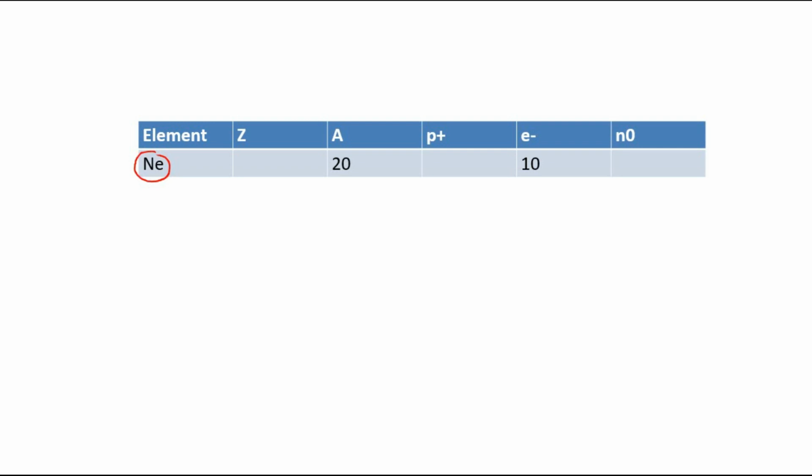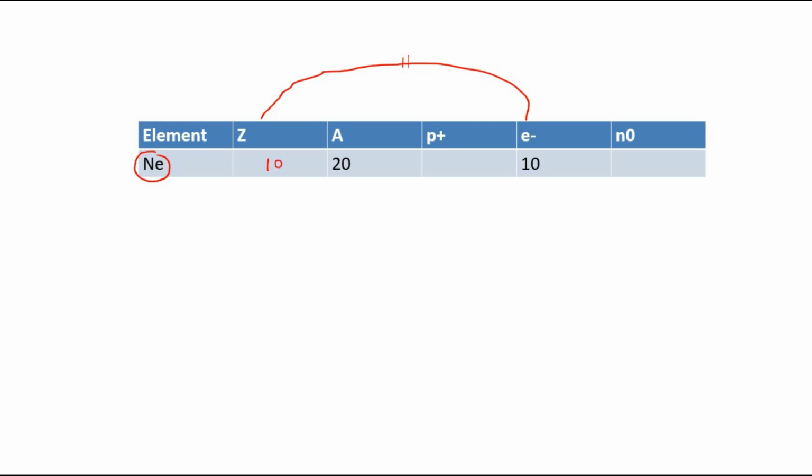Using these given numbers, the first number that we can determine is your atomic number, because like what we have been saying, the number of electrons is always equal to your atomic number. So if the number of electrons is 10, then your atomic number is also 10.